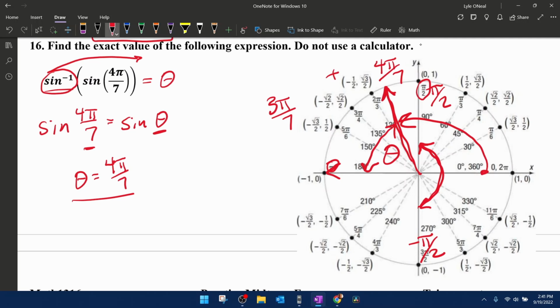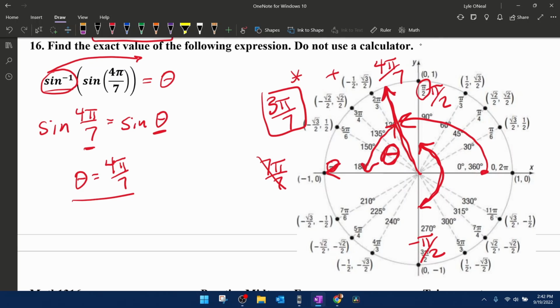Add those. 4 pi over 7 plus 3 pi over 7 is 7 pi over 7, which is pi. And so this acute angle here is 3 pi over 7. And so that tells me that either this or the negative of that is the correct answer, depending on which quadrant produces the same result.